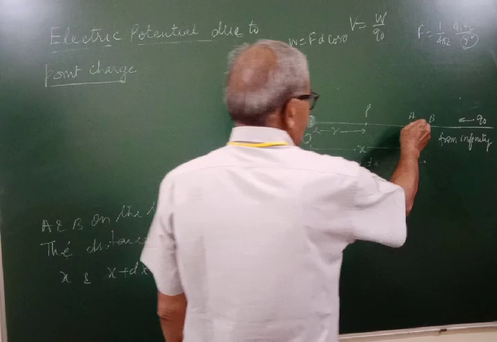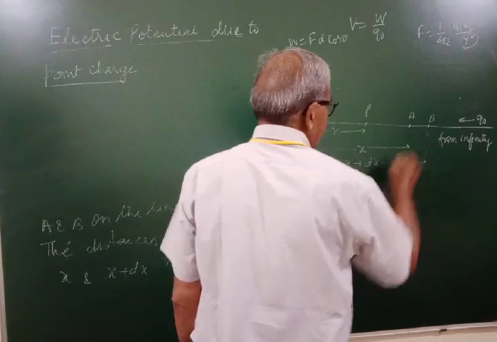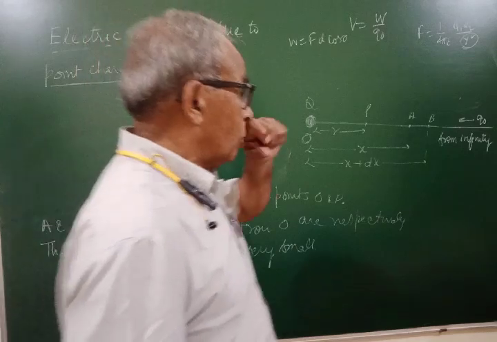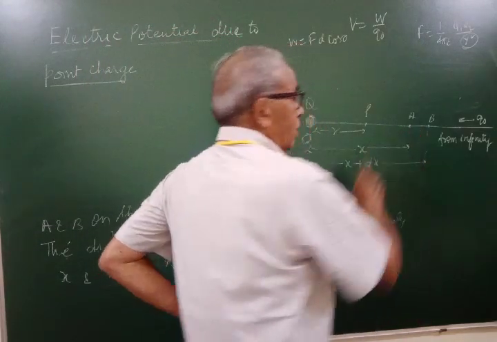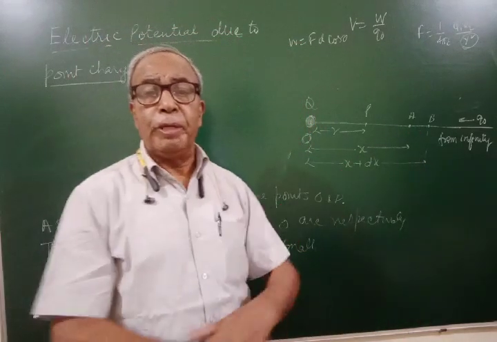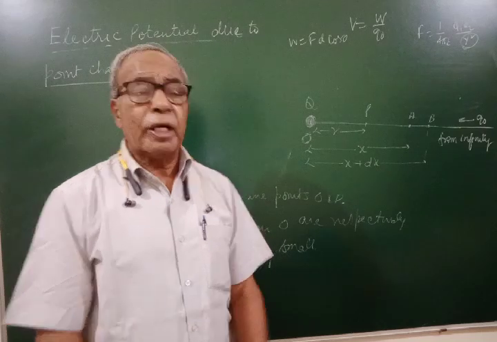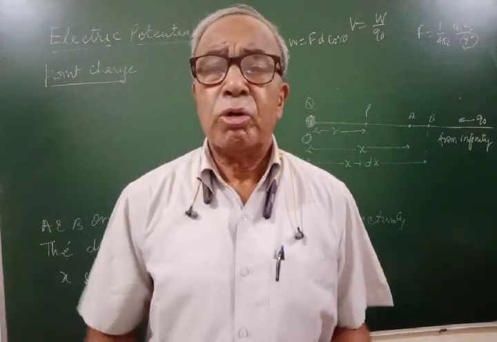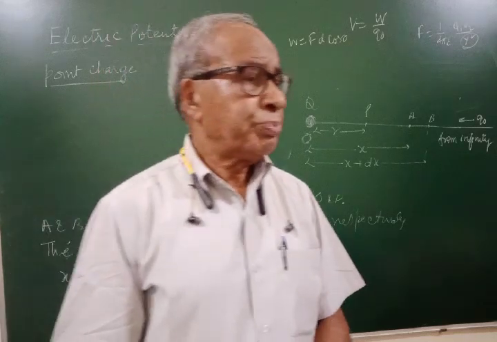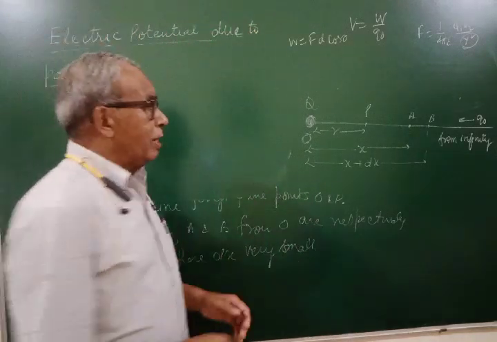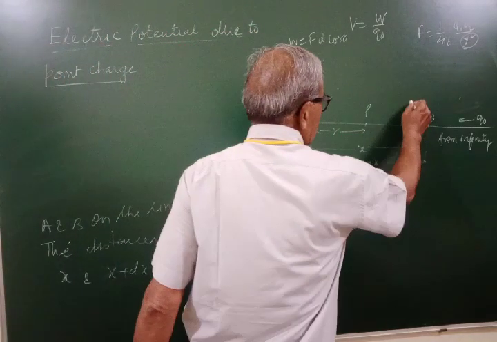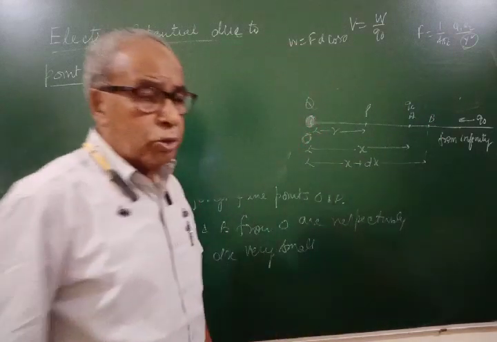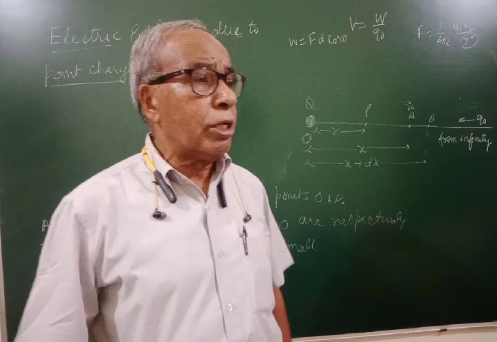So we have taken points A and B at distance x and x plus dx. dx is small, so whatever the force on test charge Q0 at point A, the same will be at point B. Now you may think that the distance changes, so there is a difference of force. But the difference in the force on test charge Q0 at points A and B will be so small that we can't resolve the difference.